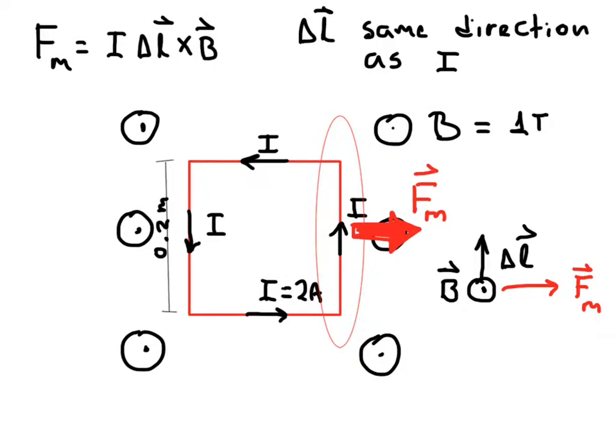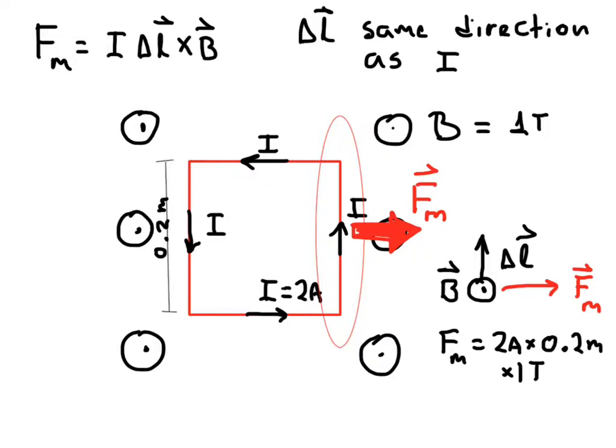We can calculate the strength of the force, because the equation says that it is the current times the length of the wire. The current is 2 amps, the length of the wire is 0.2 meters, and the magnetic field is 1 Tesla. I don't worry here about the cross product, because delta L, the wire, is perpendicular to the magnetic field.